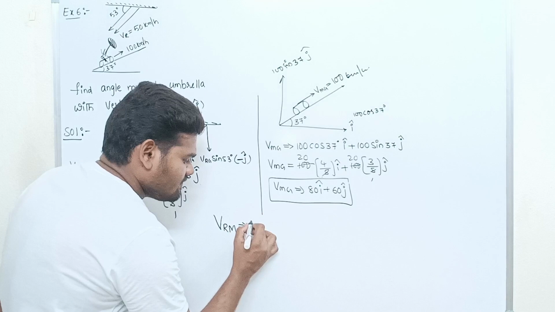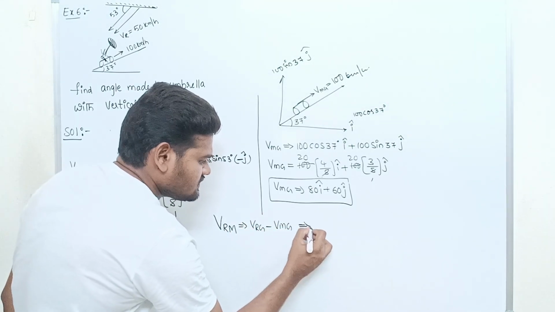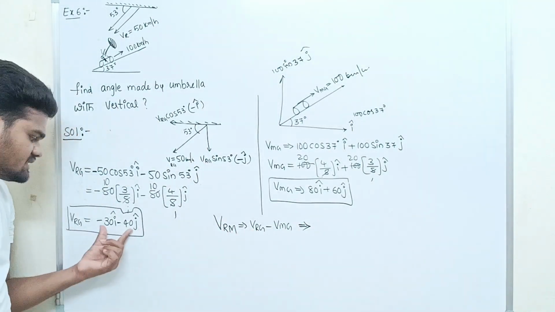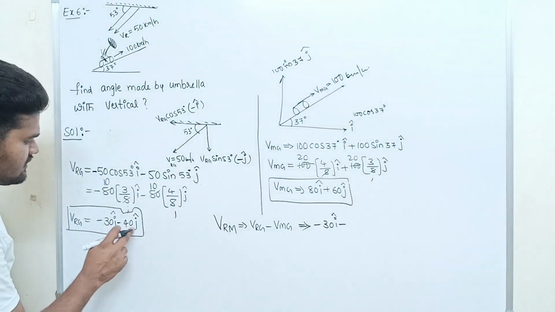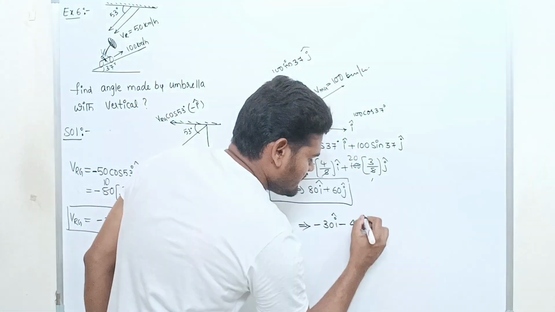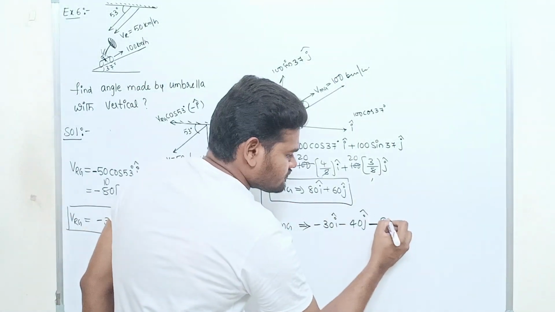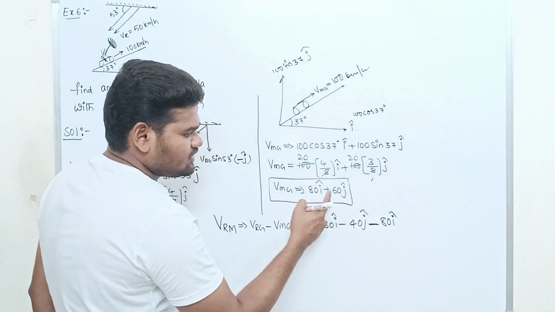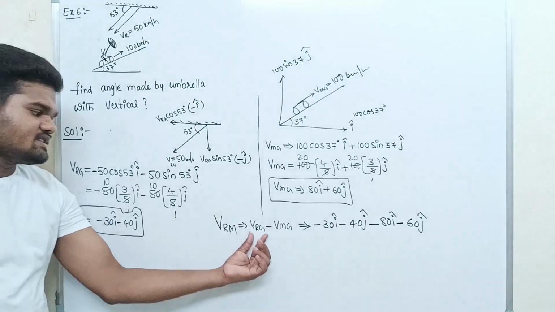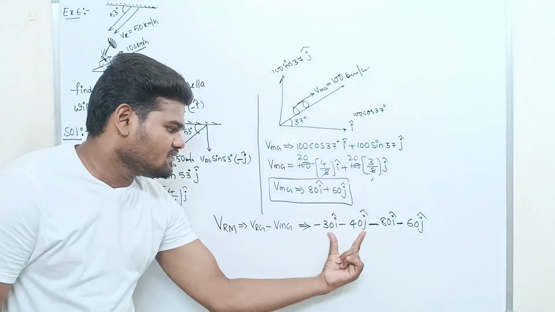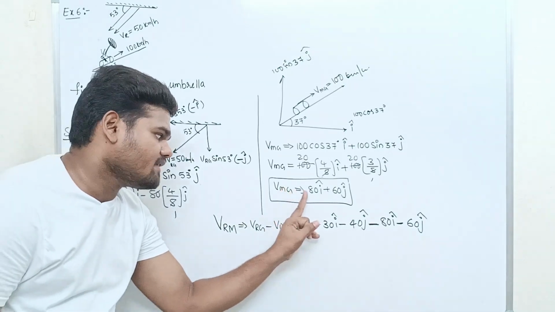That is the velocity of rain with respect to ground minus the velocity of man with respect to ground.